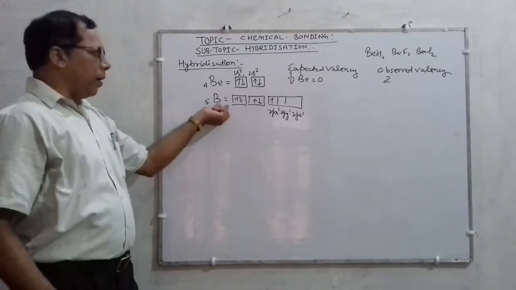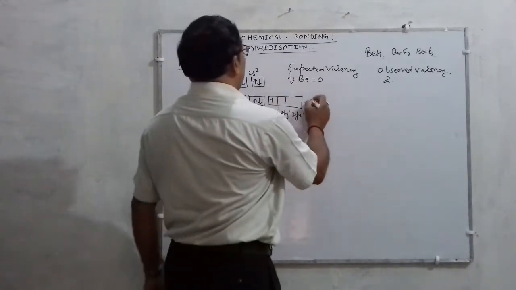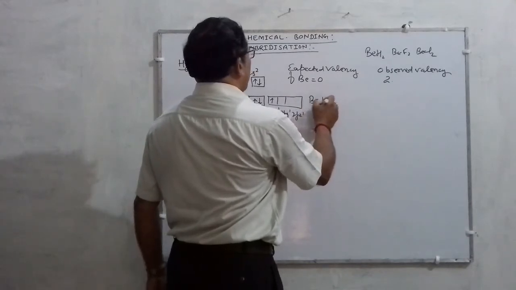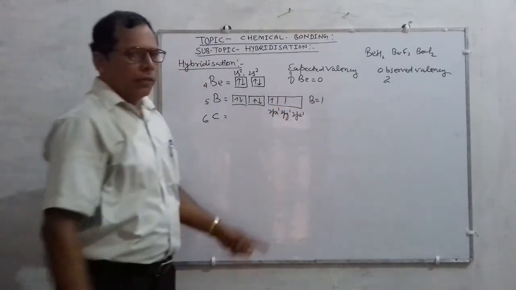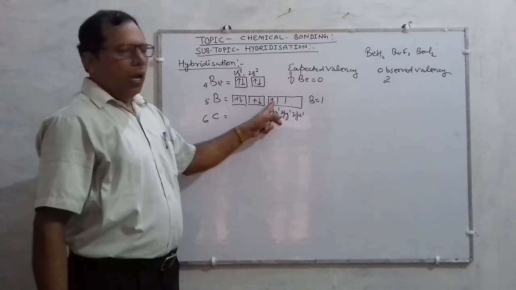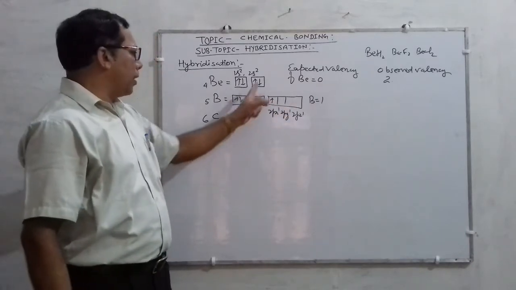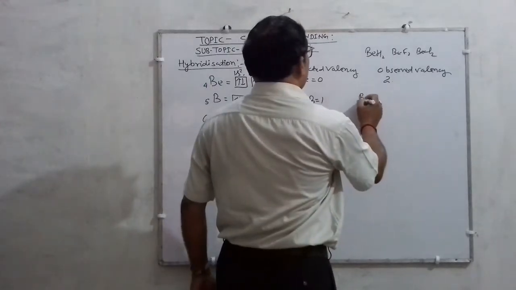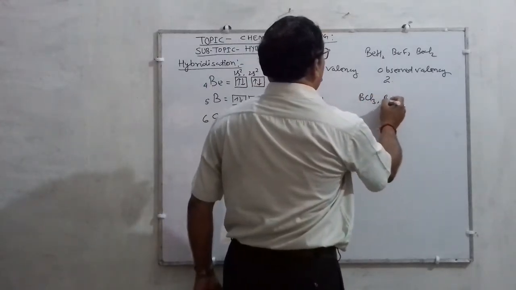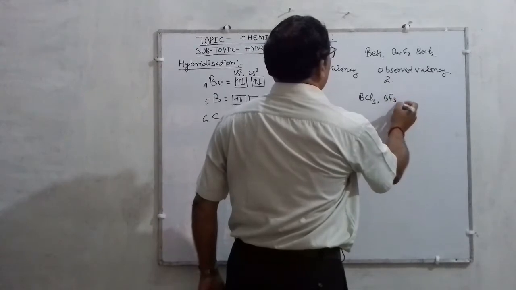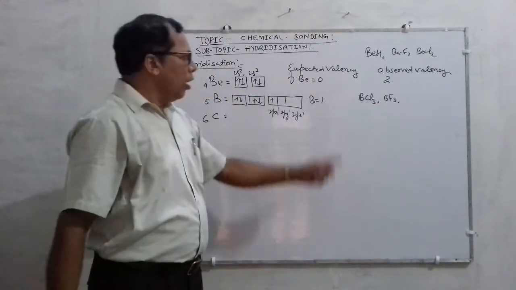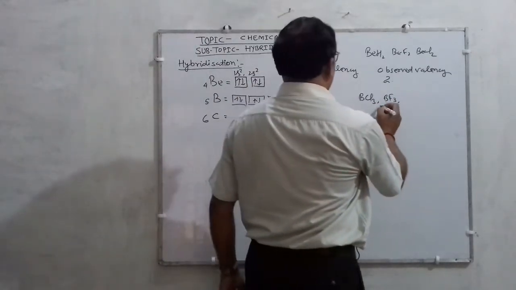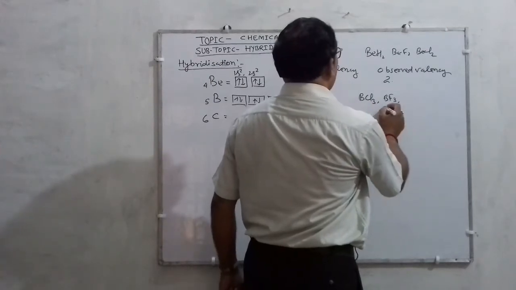According to valence bond theory, the expected valency of boron will be 1, because only one orbital is half-filled with one electron. But it is trivalent, as it exists as BCl3 and BF3. So its observed valency is not 1, it is 3.